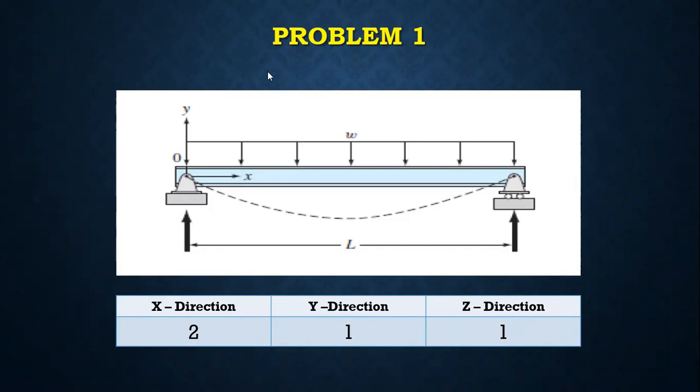So you should always identify which global axis represents the upward direction. Here in SAP, the Z direction represents the vertical. Here is just a representation, but as per SAP 2000, horizontal is X and vertical is Z.